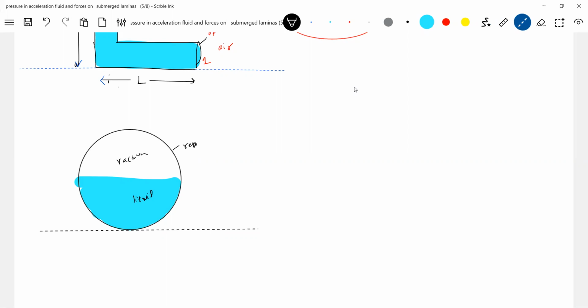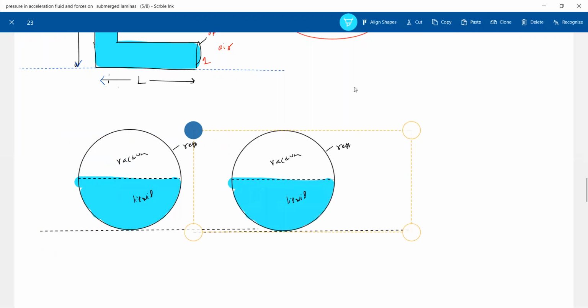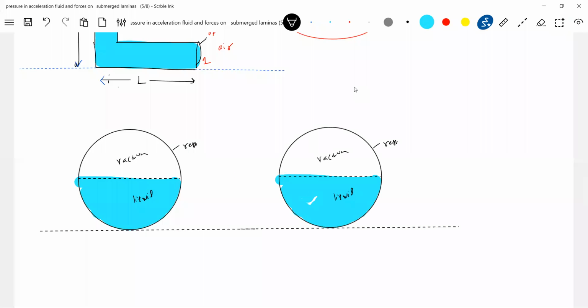So if it accelerates, what conditions will arise? Slowly you have to migrate to different ideas. Different ideas means liquid filled up in differently shaped containers, partially, fully.